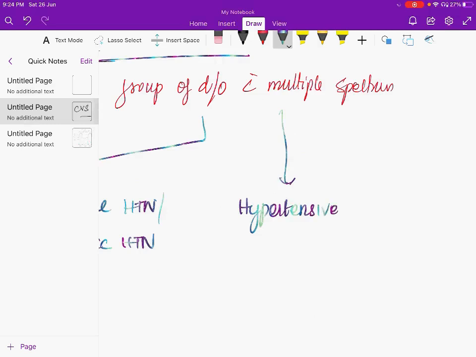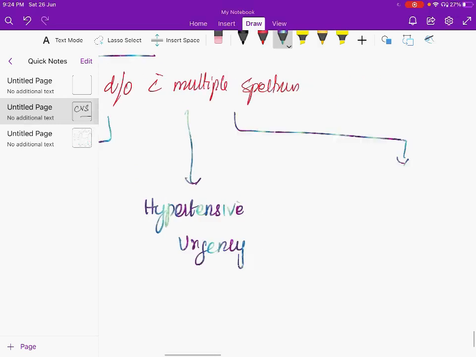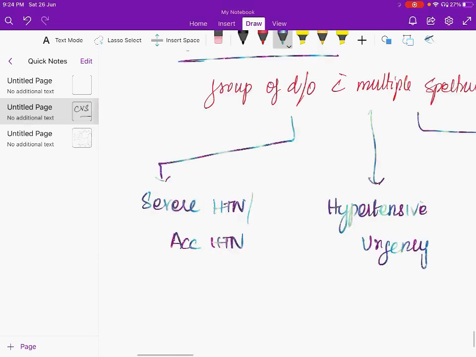Hypertensive urgency and hypertensive emergency. Okay.